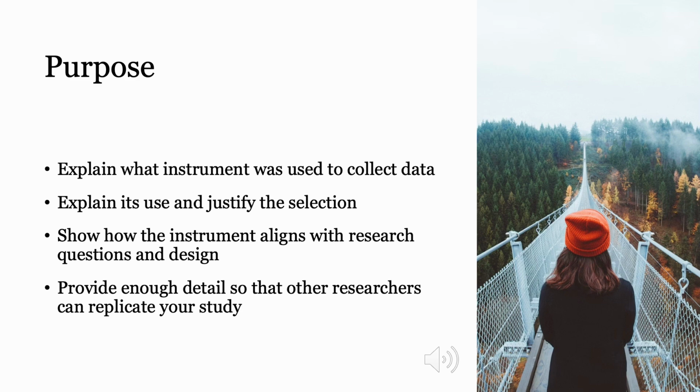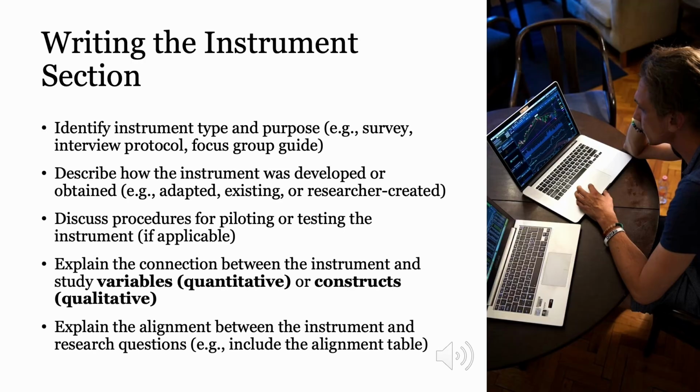Another goal is to show how the instrument aligns with your research questions and overall design so the reader can see the connection clearly. And finally, this section needs to include enough detail that another researcher could replicate your study while still keeping the description focused and concise.